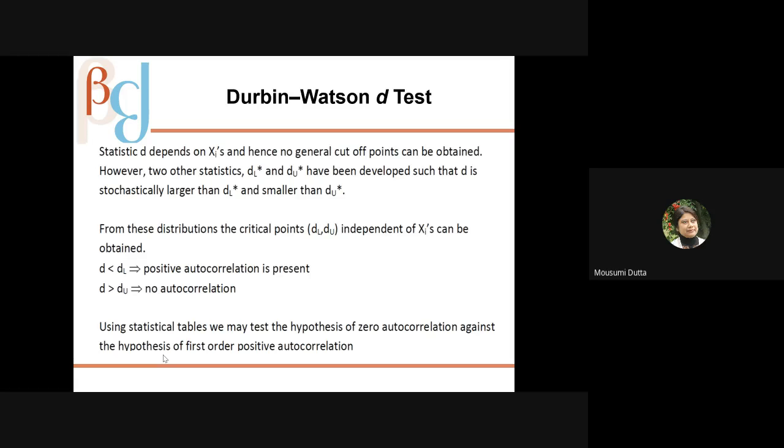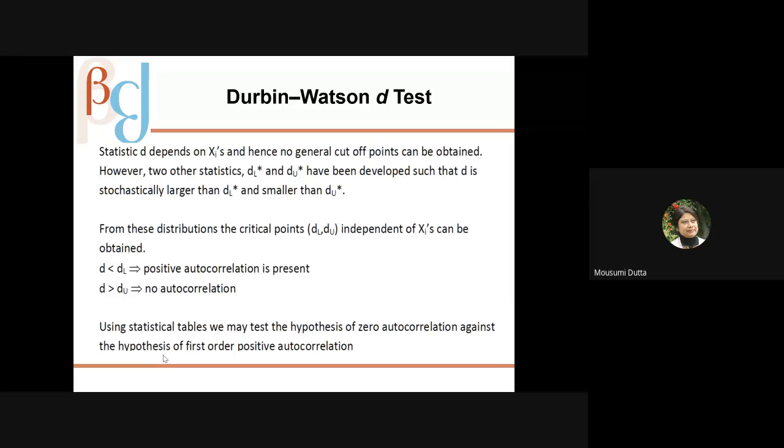When I am telling that it is approaching 4 or 2, what are the cutoff points? So statistic D depends on X, and hence no general cutoff points can be obtained. How does it depend on X? D is framed with residuals. Residuals are coming from the regression models, so these residuals are functions of X.